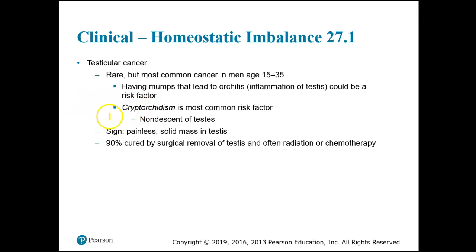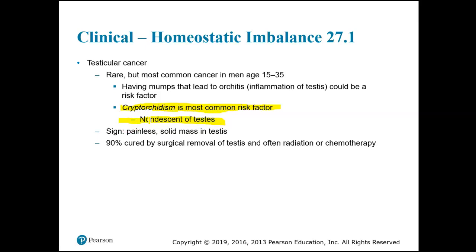And the most common risk factor actually occurs in small male children. Cryptorchidism, I'm sorry, it's very easy to mispronounce that word, but it's cryptorchidism, the most common risk factor, and it just means that the testes have failed to descend, non-descent of the testes.